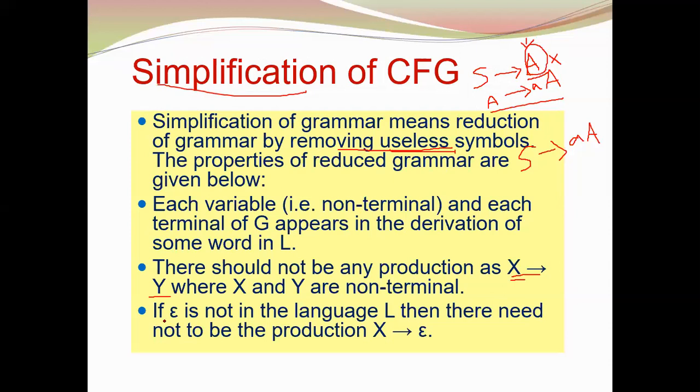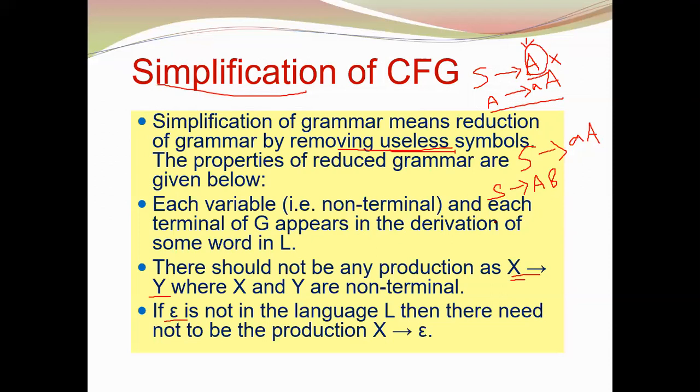Third one, removing epsilon production. These sections you already know. Epsilon is nothing but empty, right? We are going to remove that particular thing. For example, my grammar is like S tends to A and B. This is my production.